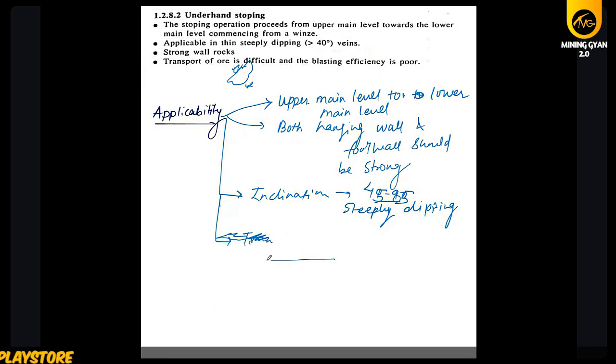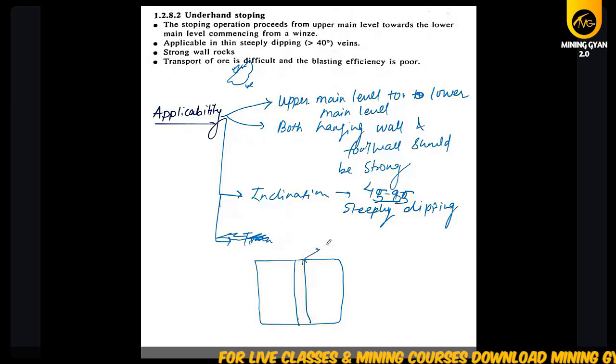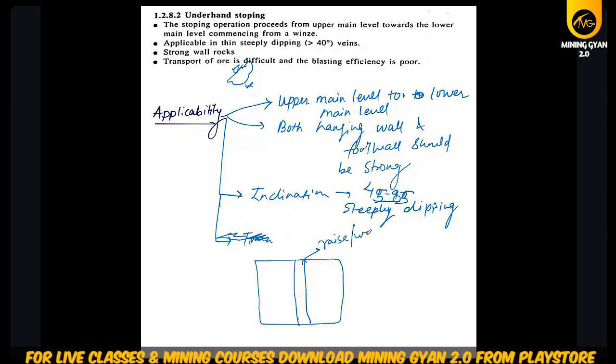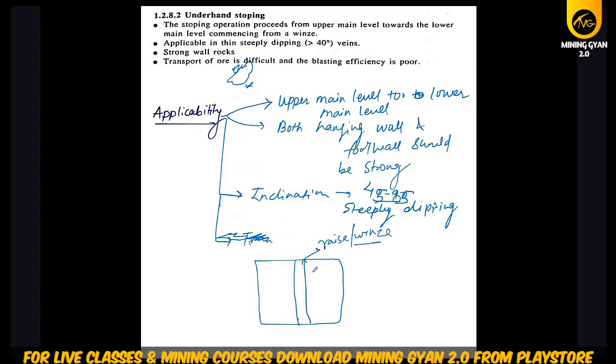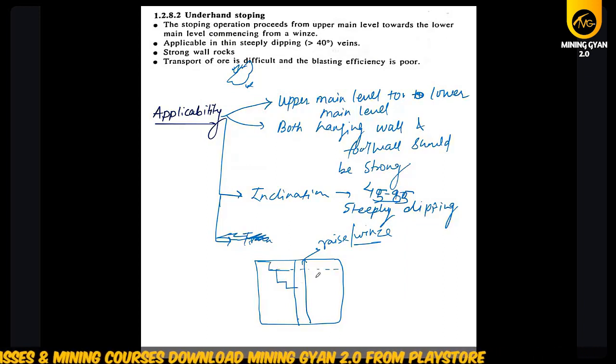So this is our ore body or stope. We divide it into parts with the help of raise or winch, depending on which type we have created. Then in this method we come here like this.